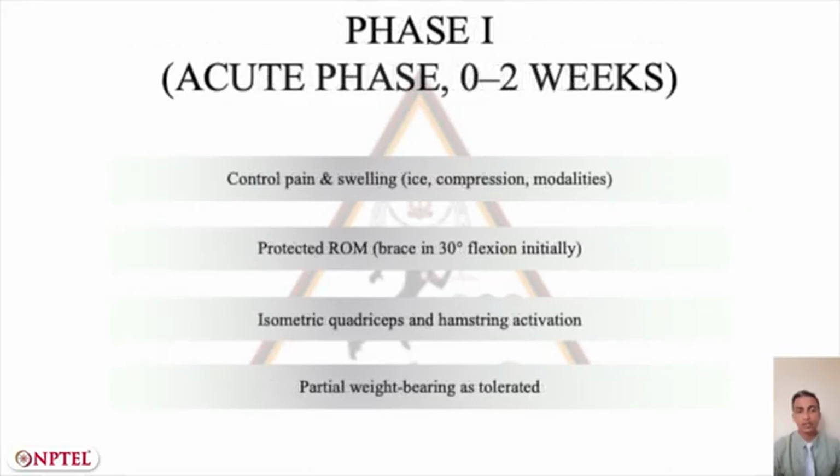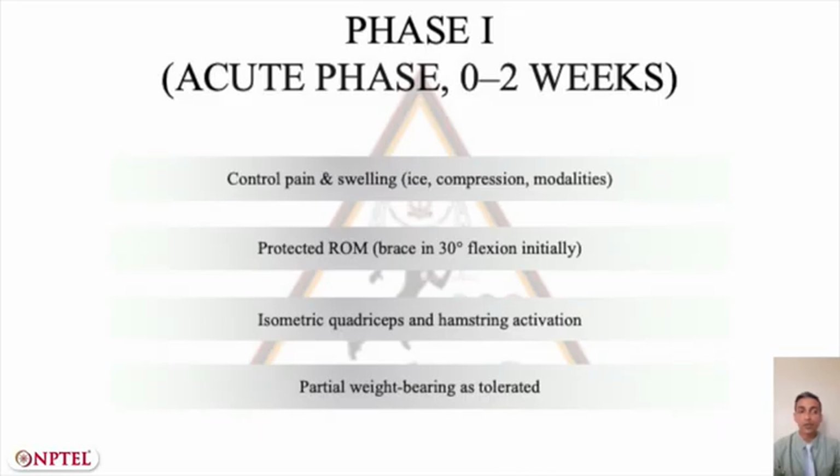Importantly, loading must be progressive and within the healing tissue's tolerance. In the acute phase, we focus on reducing pain and swelling with ice, compression, and other treatment modalities. The knee is protected with a brace, often fixed at 30-degree flexion initially. Isometric quadriceps and hamstring contractions are encouraged to prevent muscle atrophy, and the patient is encouraged to walk with support and under supervision if the pain allows.